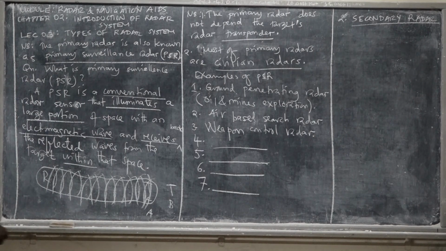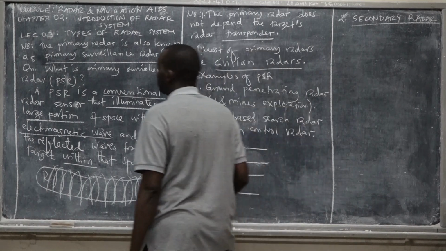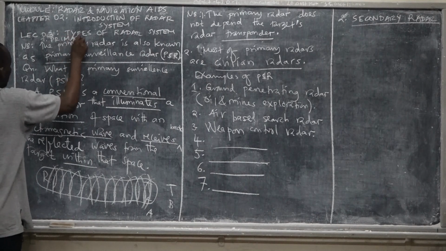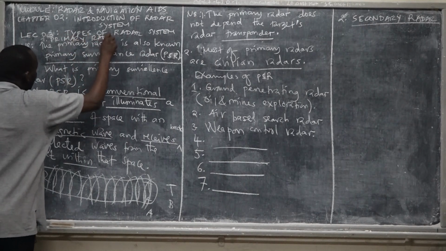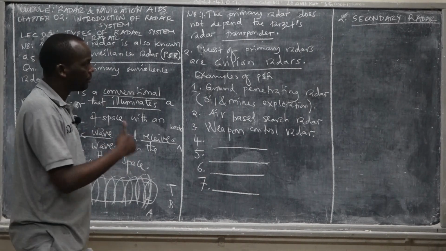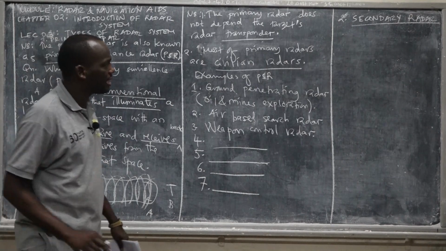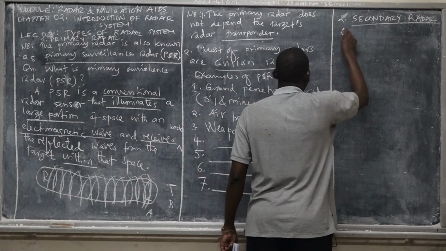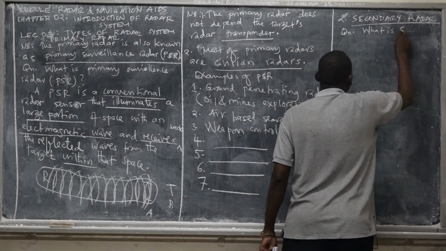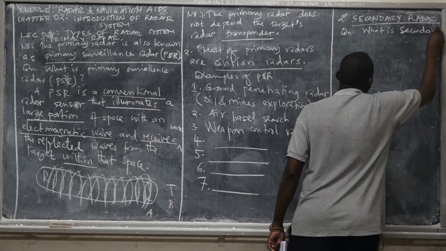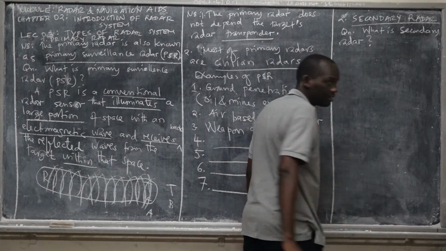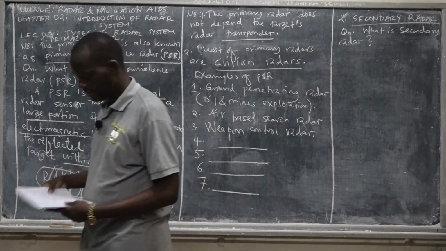We'll discuss the block diagrams of the primary and secondary radar later on. I'm trying to introduce these types first. So we have a fundamental question here: what is secondary radar?